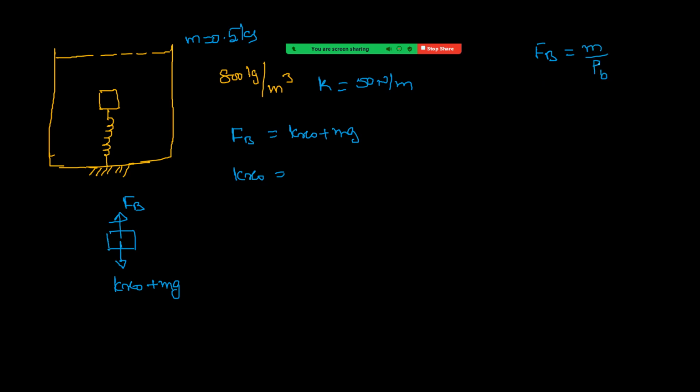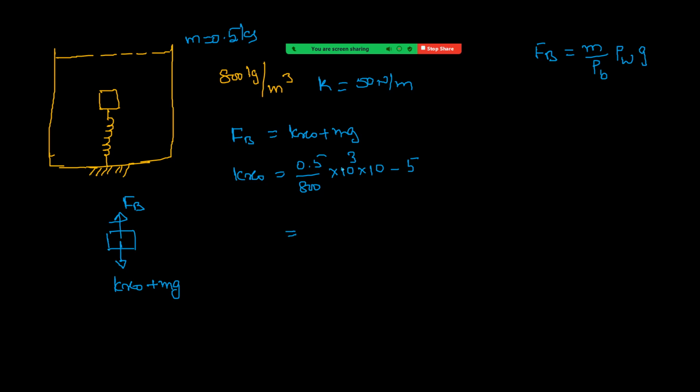That gives volume times density of water times g. Substituting values, mass 0.5 upon 800, times density of water 1000, that is V rho g, with g value 10. That is the buoyancy force, minus mg. mg is 5.